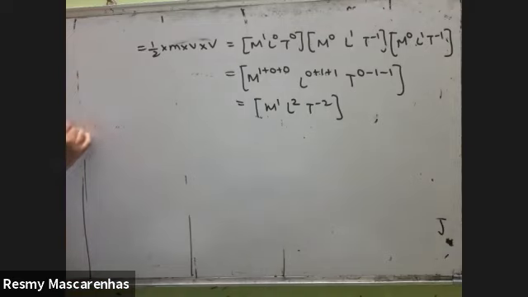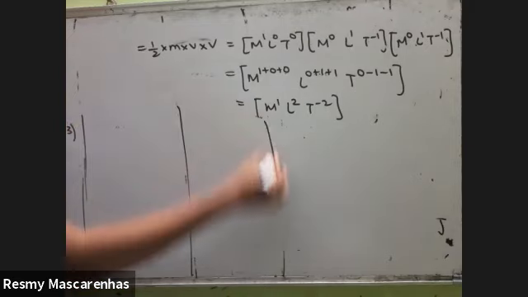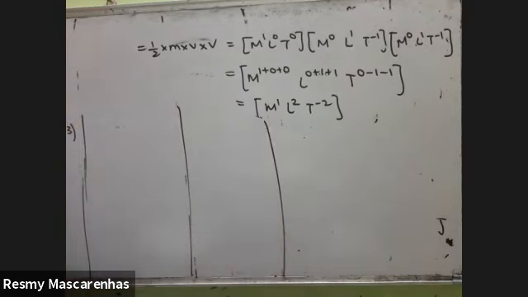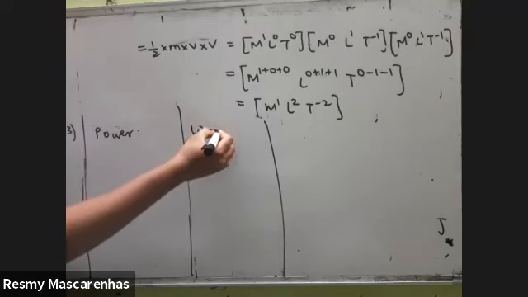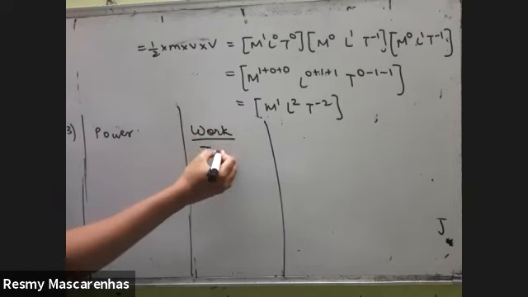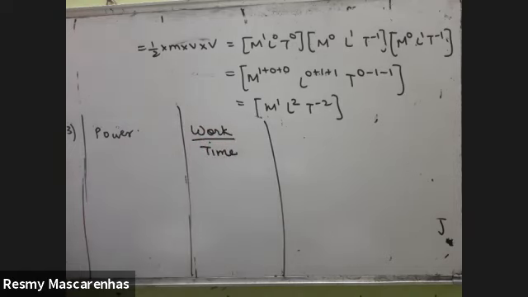Then the 13th one. Power. Power is nothing but how much work you are doing in a given time. Put the dimensions of work now.